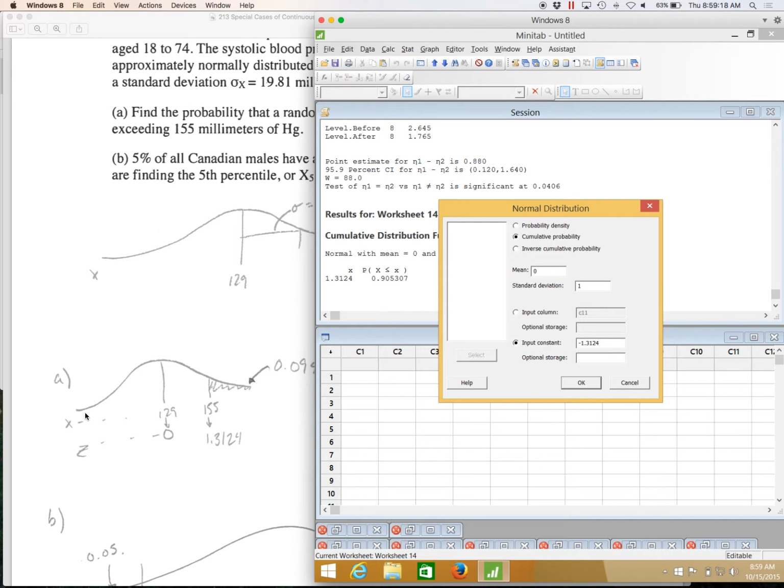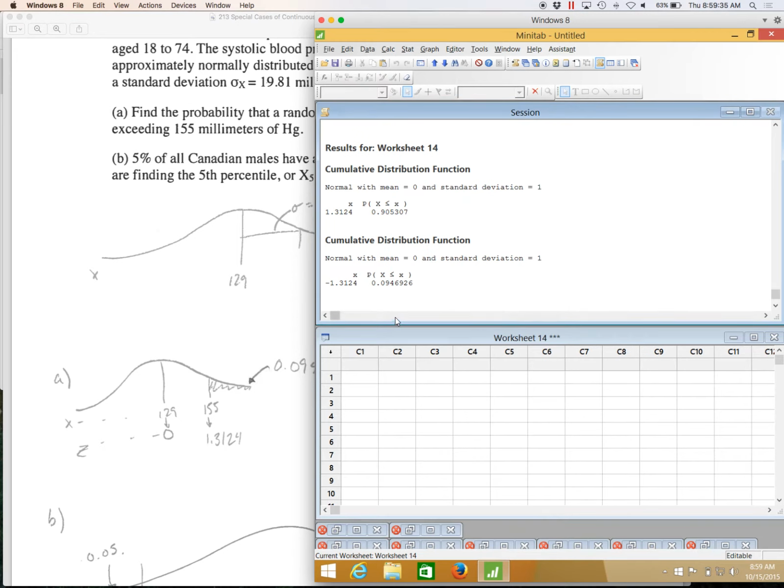Minitab will give me the cumulative area there. If I put in a negative, I get the mirrored image, where it'll directly give me the probability without having to do my 1 minus trick. Notice I get 1 minus this answer for this answer.